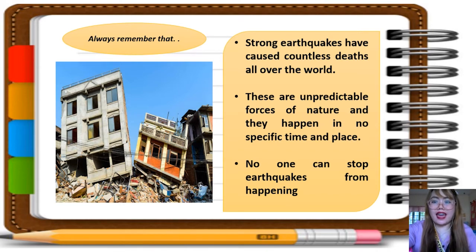Up to this day, seismologists are still figuring out how to detect seismic tremors accurately. No one can stop earthquakes from happening. But there are things that people can do to avoid or decrease the loss of life and damage to property. The first step is to have a clear understanding of the occurrence of earthquakes.